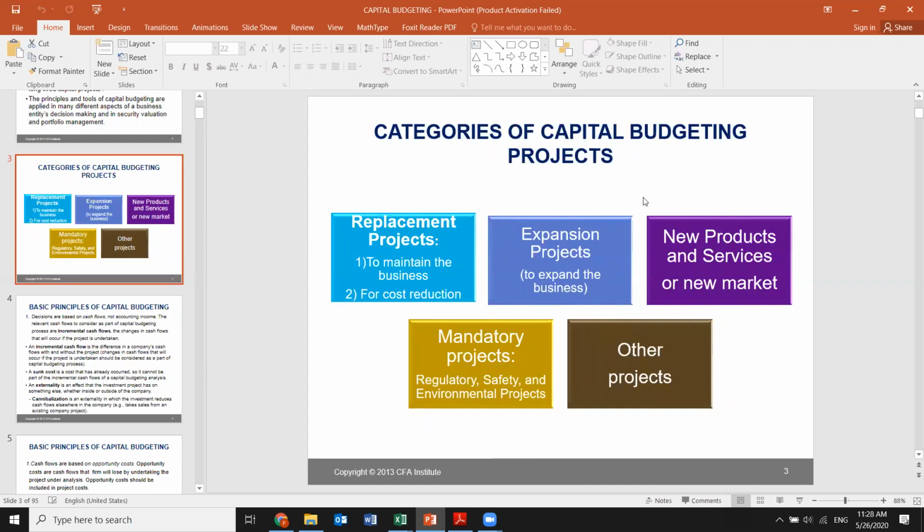The projection of the cash flows and evaluation of projects with expansion and new products are similar, but a little bit different from the replacement, which deals with the incremental values. But when it comes to the mandatory projects, it's a bit different. Here we're not calculating the value in monetary terms, but in terms of cost saving, in terms of utilizing, in terms of getting the benefit by using it, not in terms of the money or the profit, okay? So we are now dealing only with expansion, new products, and replacement.